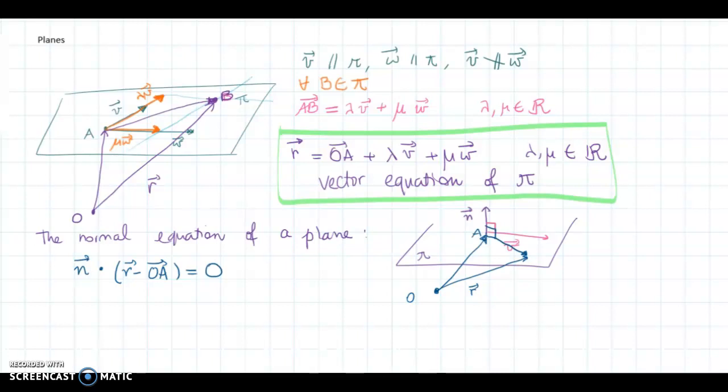So this is another way of writing the equation of a plane. From this same way of writing the equation of a plane, the normal equation, we can move on to the Cartesian equation of a plane.